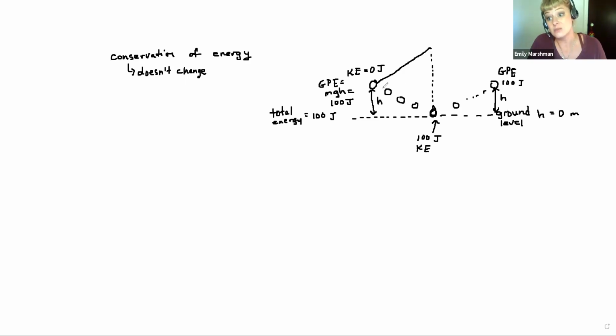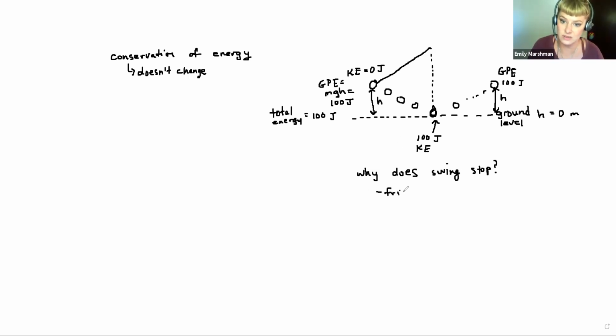So why does the swing eventually slow down and stop? In everyday life, we know that if I pull the child back, the child's just not going to oscillate back and forth forever. Why does the swing eventually stop? Because of frictional forces.